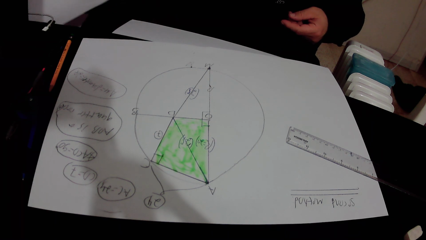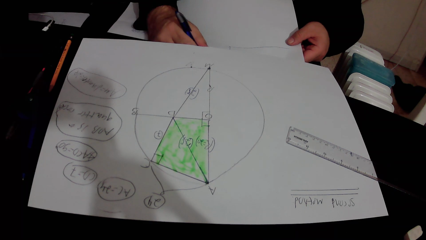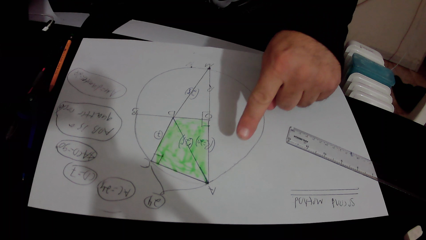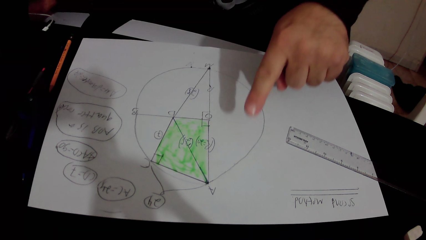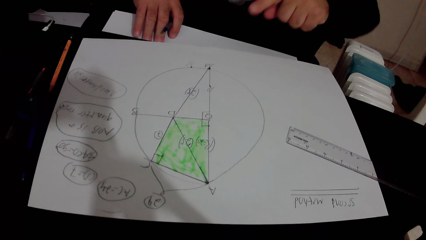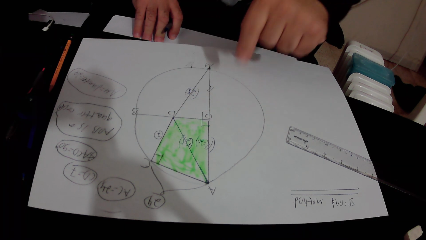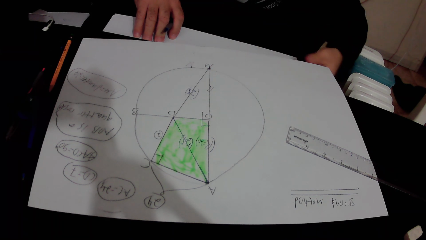In the next step, we'll implement the Pythagoras theorem on the right triangle AOD. So I copy the right triangle AOD in the new page and we find the missing side OD by implementing the Pythagoras theorem on this right triangle AOD.